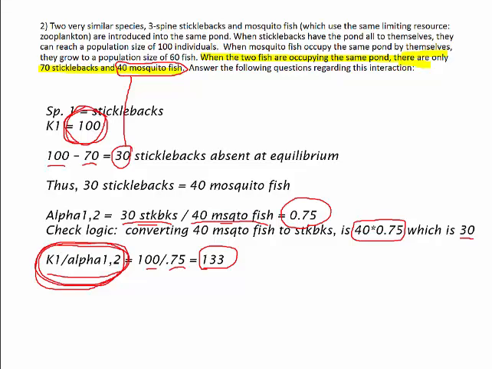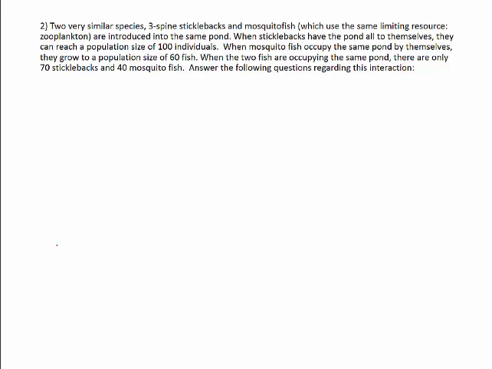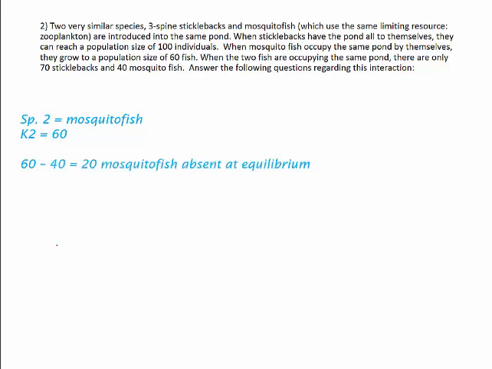Okay. Now we need to do the same thing for the mosquito fish. So, what do we know about this mosquito fish? Well, we're calling them species 2 for starters. The carrying capacity for the mosquito fish is 60. And following the same logic as before, when the two species are together, you only get 40 mosquito fish, then that means that 20 mosquito fish are missing when the two species are living together. 20, that's down from the carrying capacity of 60.